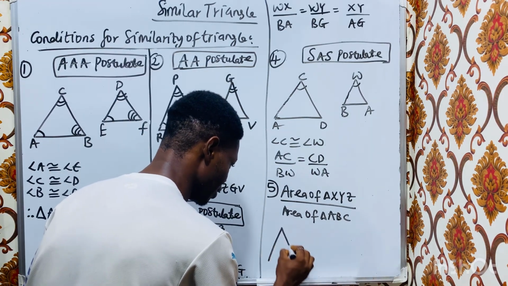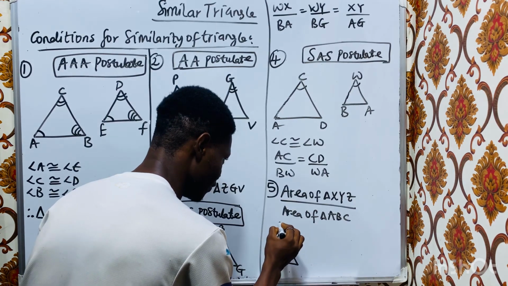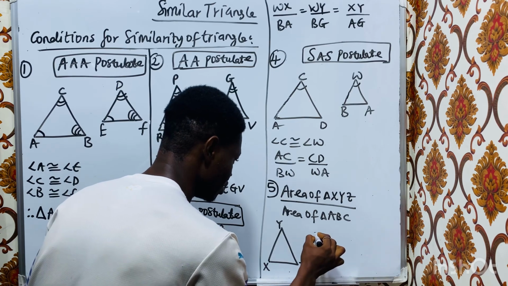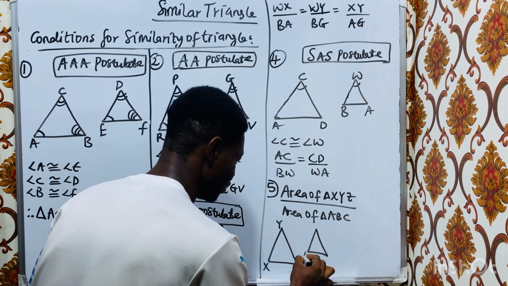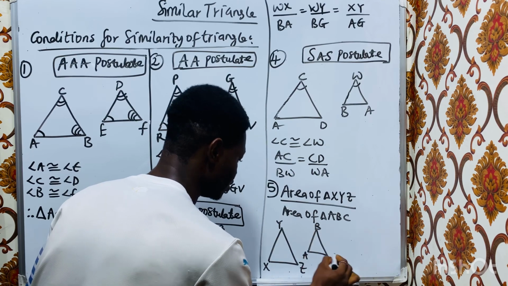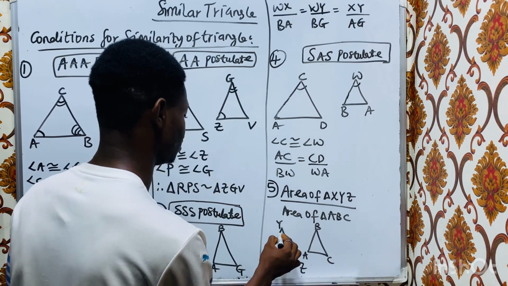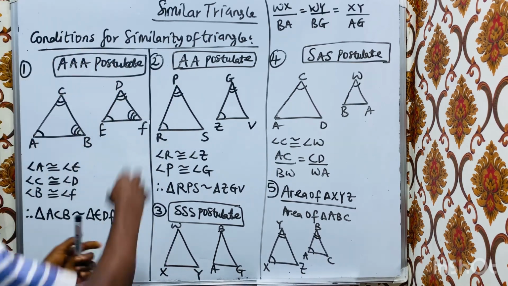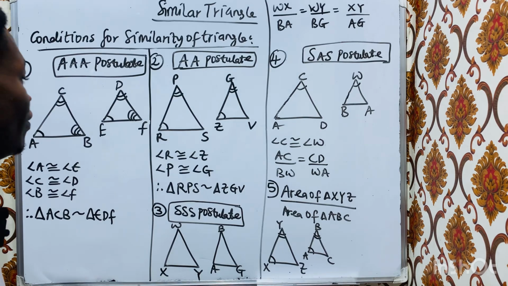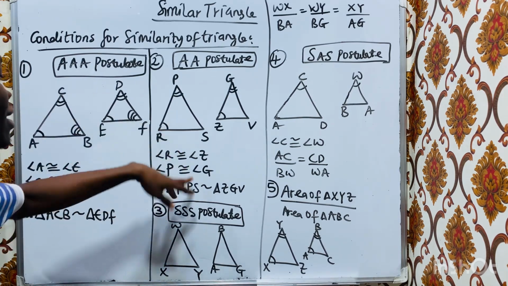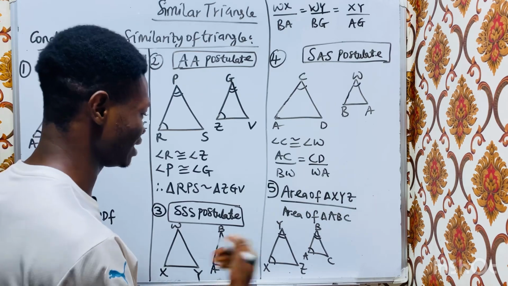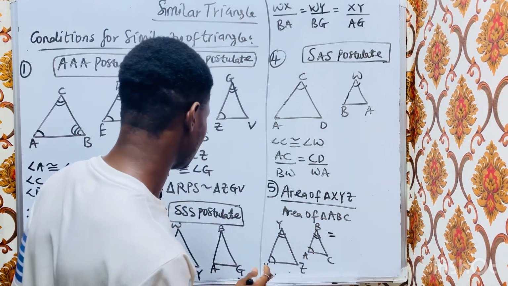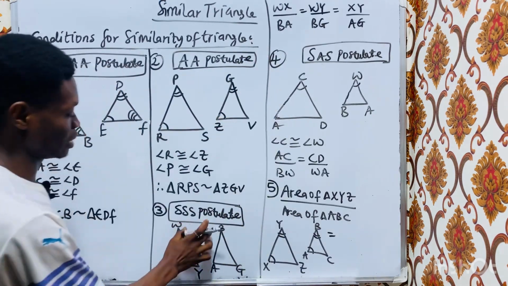We have X, Y, Z, and another one, A, B, C. It carries the character of the SSS postulate.